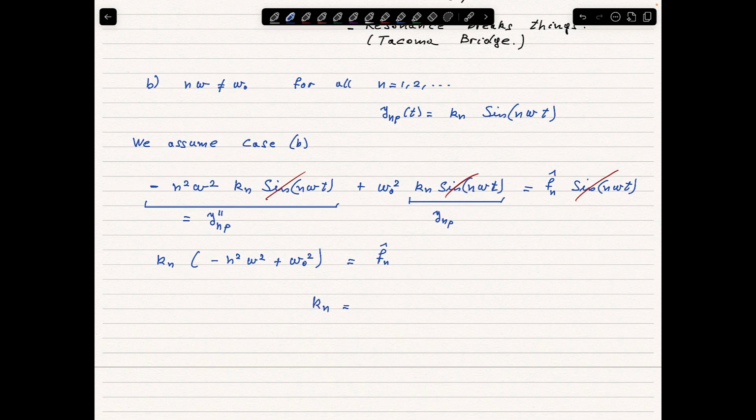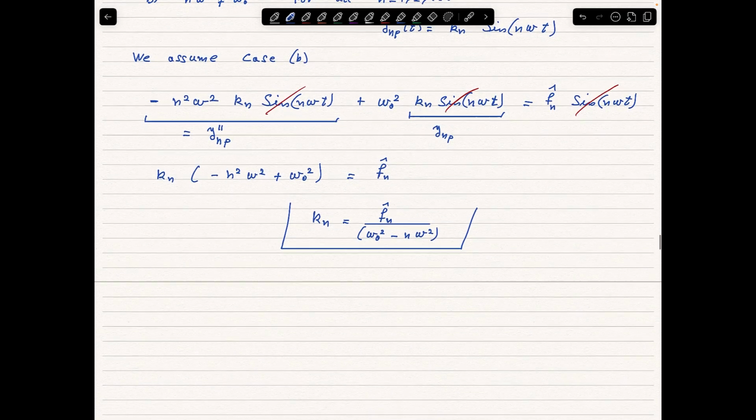It's been determined and is given by Fn over omega 0 squared minus n squared omega squared. And there it is. The undetermined coefficient is useful to solve each of the terms in the equation.